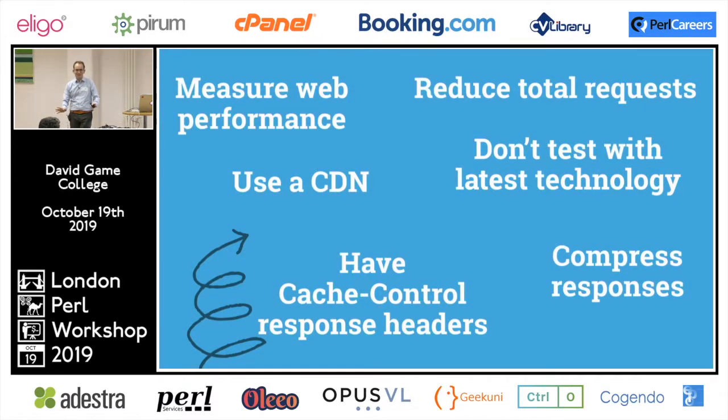Do we agree? No one agrees. We should try not to have too many requests. So in this case, not adding all those high-res images without taking anything away. You should try and compress responses. Definitely HTML, CSS, JavaScript as gzip, and images in modern image formats, and compress losslessly.